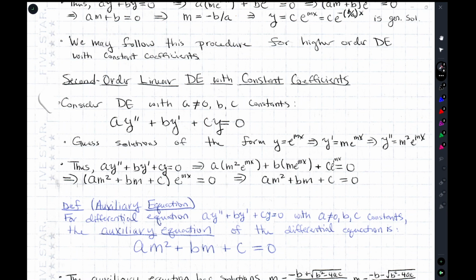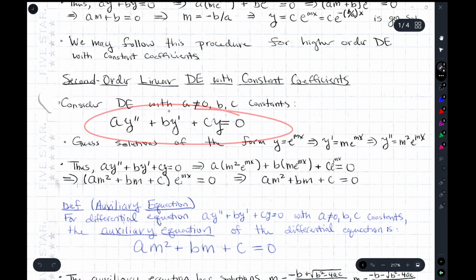So let's generalize what we did before, but for second order differential equations. And this is the main application for the auxiliary equation in this general method. So we have a differential equation that looks like this. All the coefficients are constant, okay, as you see here, and a does not equal 0.